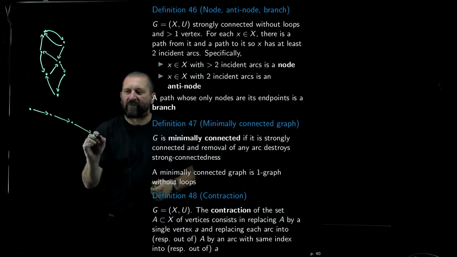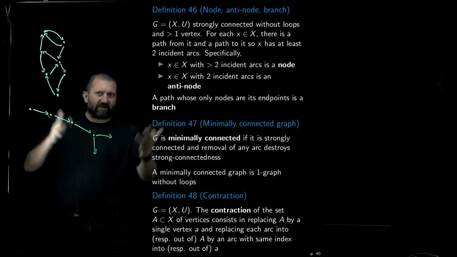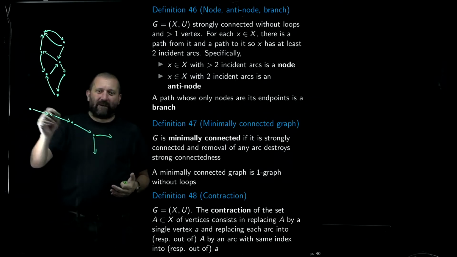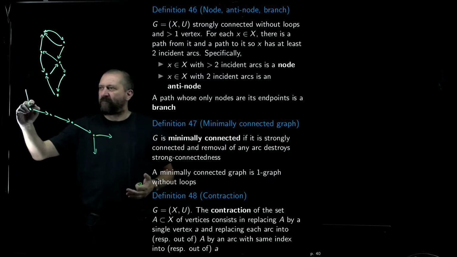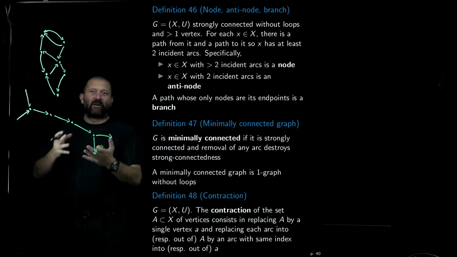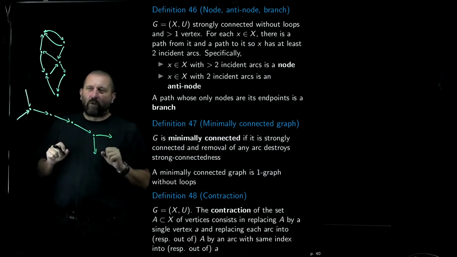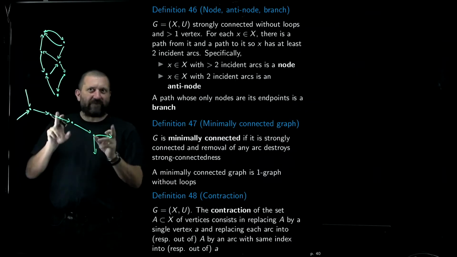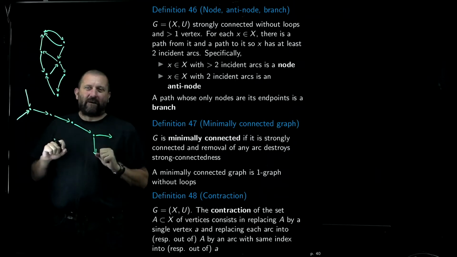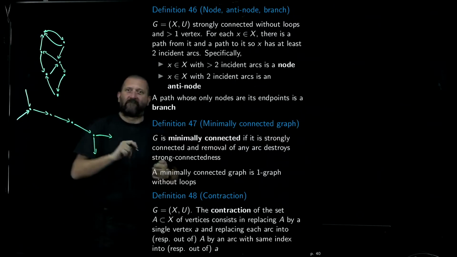It's going to be something like this, and that's part of a bigger graph. But this is a path, and it doesn't say how long it is. And I should have something like this here, for instance. So that would be a branch, because the only 2 nodes, the vertices with more than 2 incident arcs, are these ones, and they're the ends of that path.